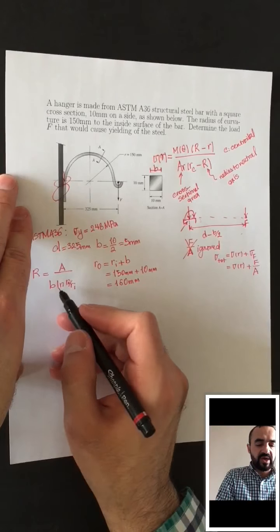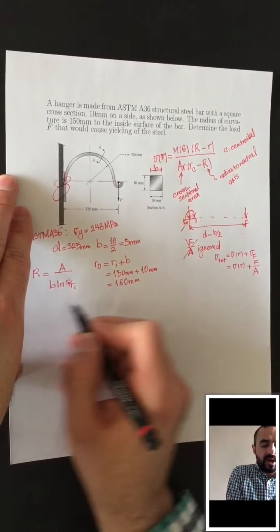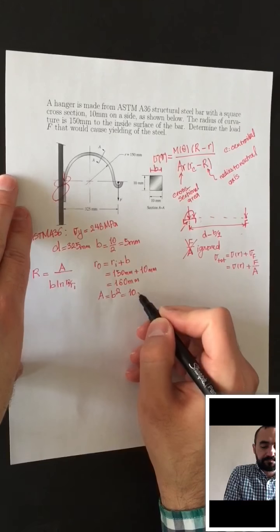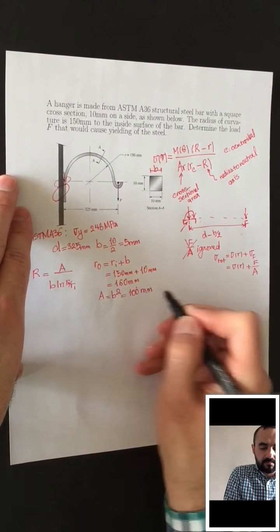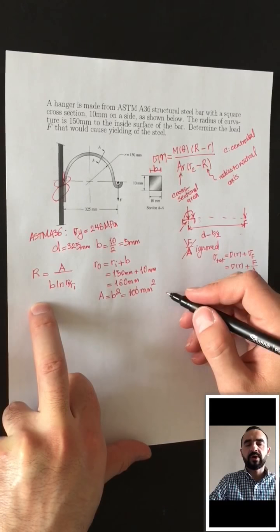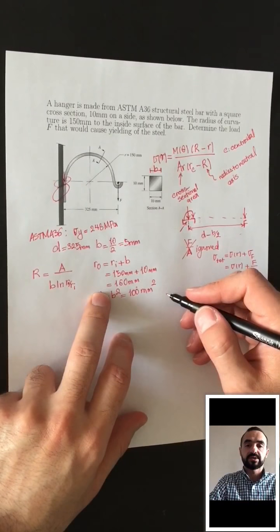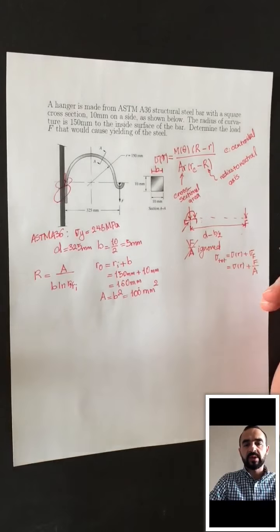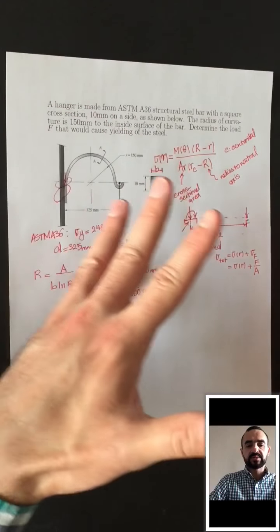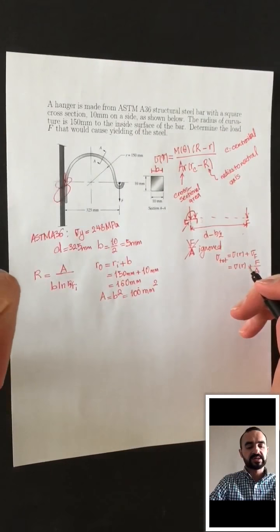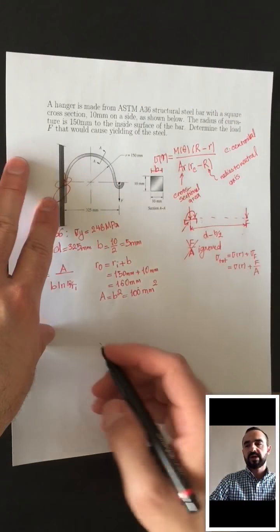Then you can substitute this along with A, and our A is equal to B squared, 100 millimeters squared. Just note that you can find this R, the radius to the neutral axis, in various tables. For curved beams, it's not as straightforward as in straight beams, so you can look at tables and find that for the neutral axis of a square cross-section curved beam, you have this relation.